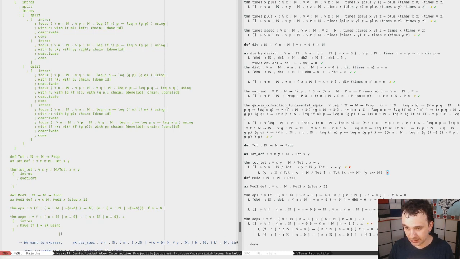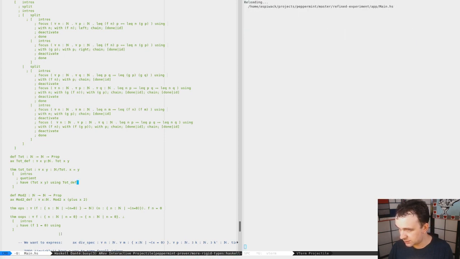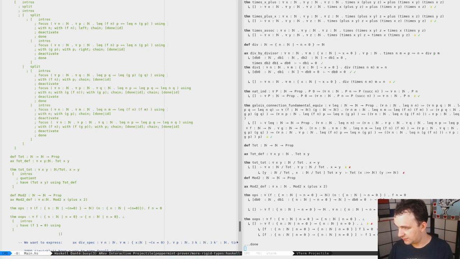So quotient, we can have tot xy using tot def. I think that should work. And finish the proof, yeah? Maybe. Oh, sorry. That's ill-typed.